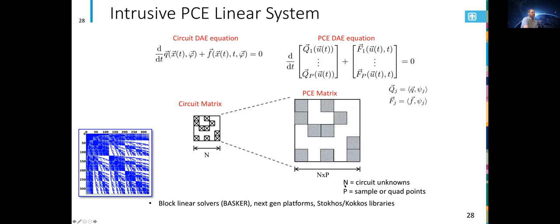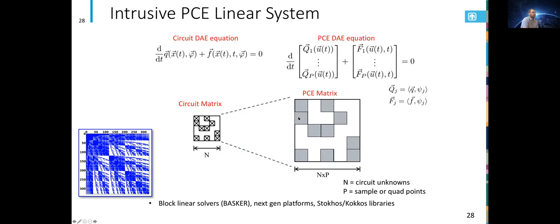If your number of quadrature points is P and your number of circuit unknowns is N, then the fully intrusive circuit matrix that you get will be N times P in size. And you can do two different orderings. You can do the ordering that I'm describing here, where in the resulting block matrix the blocks have the same sparsity pattern that the original circuit matrix had. That's one way to do it.